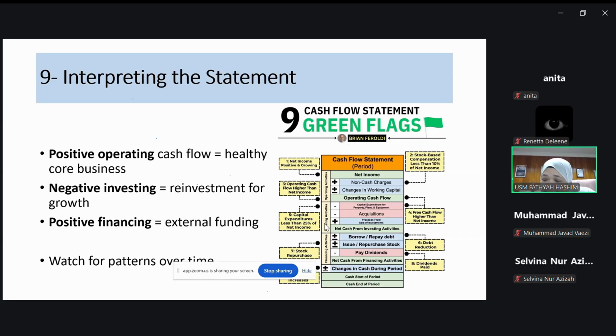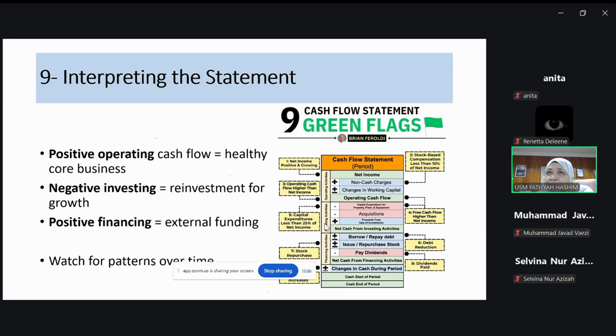And if there is a debt reduction in the investing activities section, if there is a trend of reducing the debt, or acquiring less debt than before, or the debt is lesser, then it is a good signal as well.